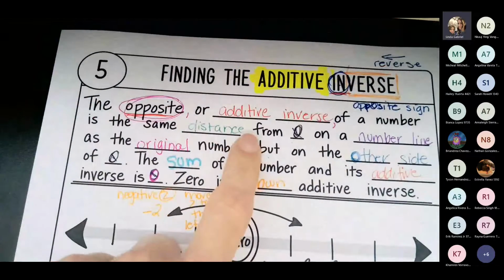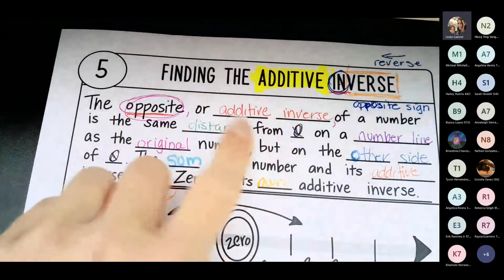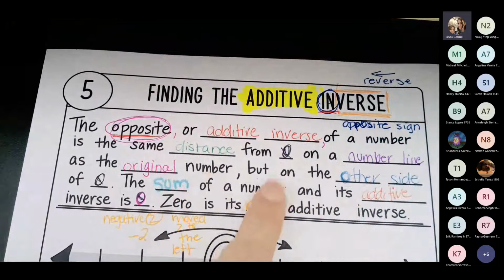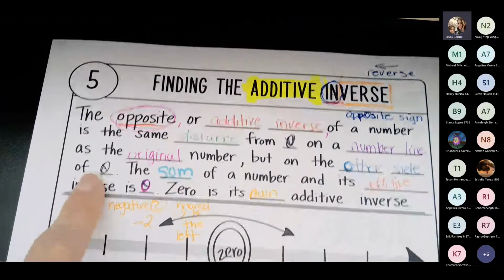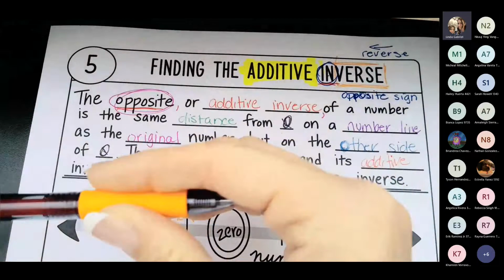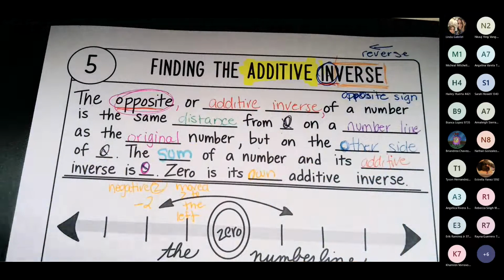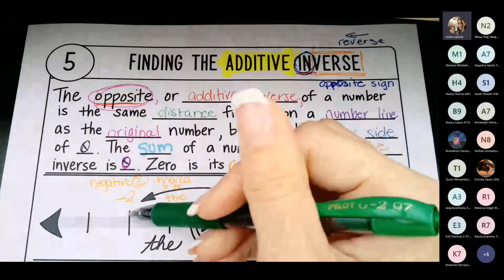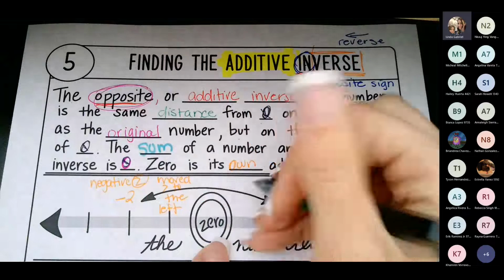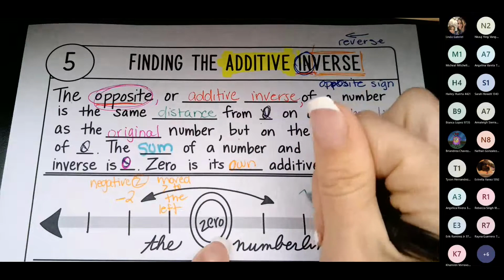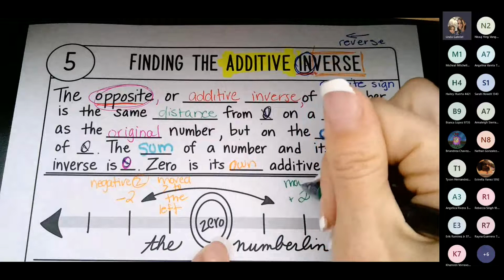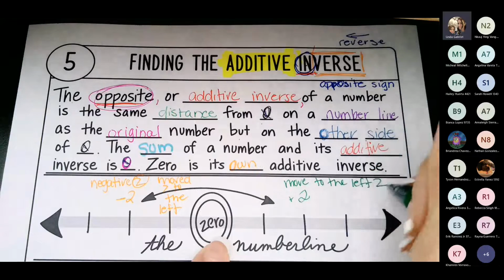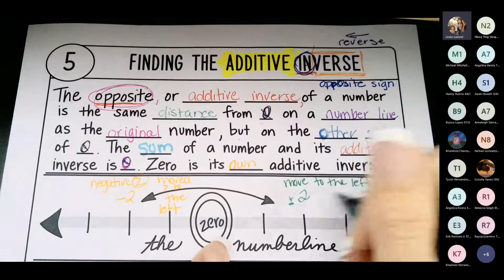According to the rule for my additive inverse, the opposite or additive inverse of a number is the same distance from 0 on a number line as the original number, but on the other side of 0. So that means if I moved 2 to the left, I'm going to move 2 to the right, starting at 0, not 2 from -2, right? So I've got 1, 2. Here's +2.